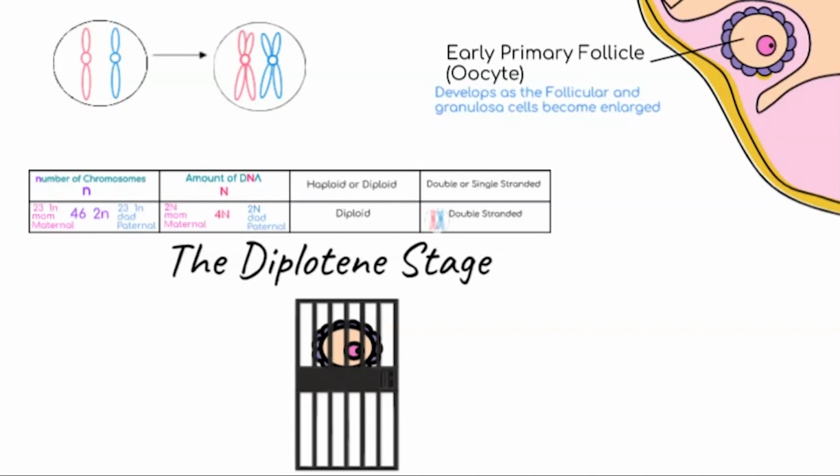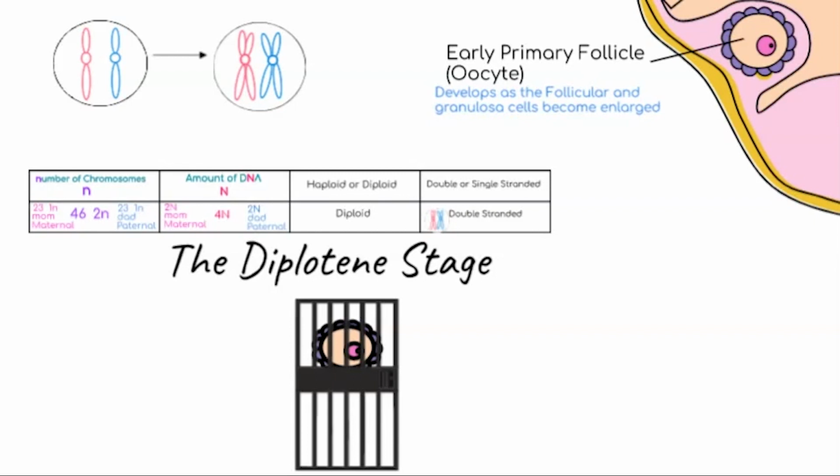And after you have primary oocytes, and they started and finished DNA replication, your DNA has been replicated. You still have 46 chromosomes, but the amount of DNA has doubled. The cells arrest at that stage. They stop.